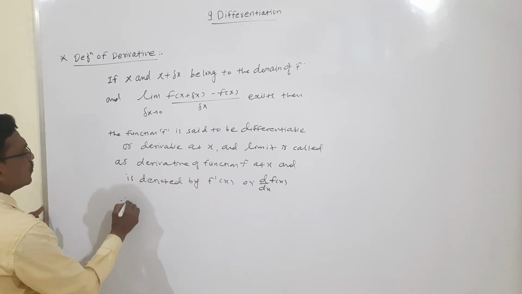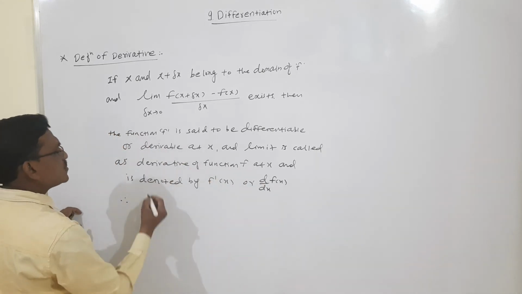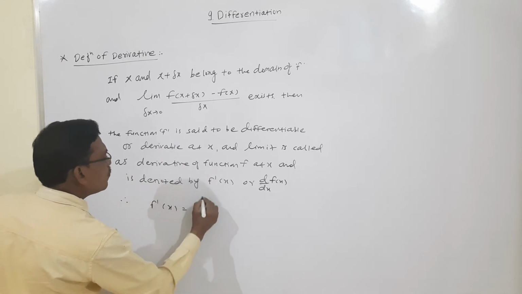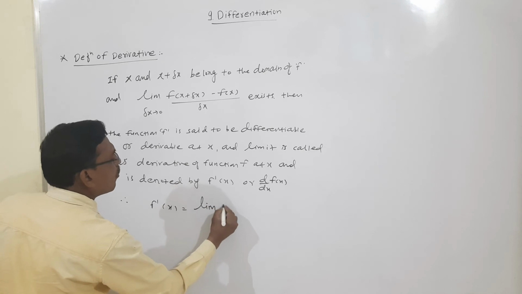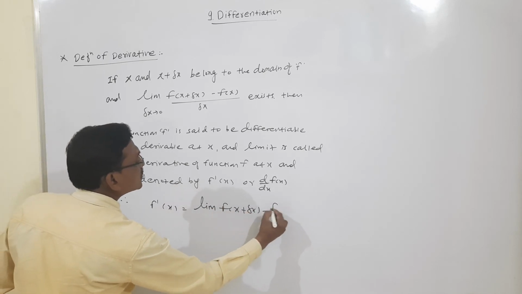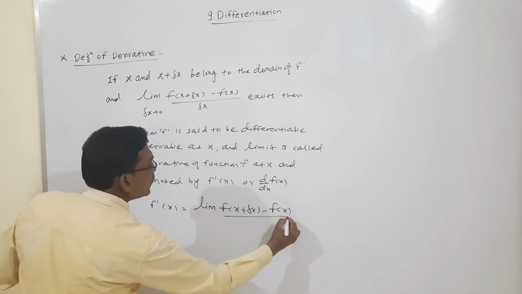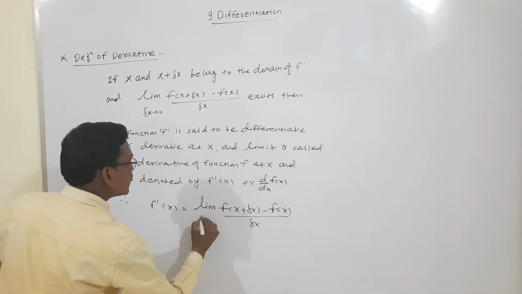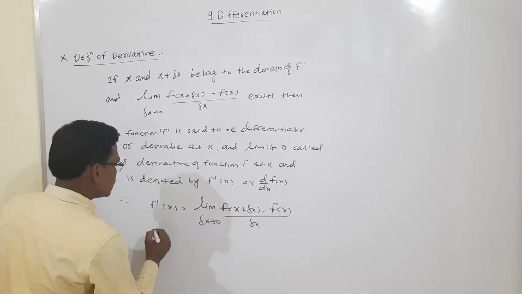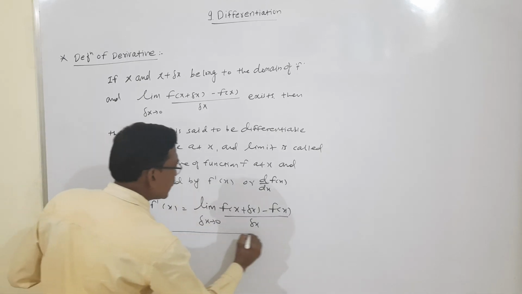So f dash x is equal to the limit of f of x plus delta x minus f of x, whole divided by delta x, where delta x tends to 0. This is the definition of the derivative.